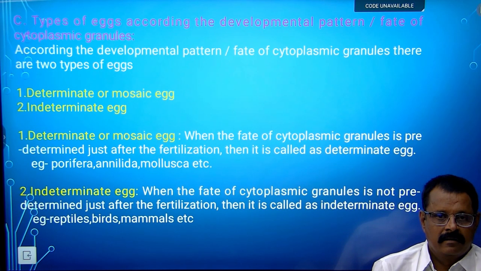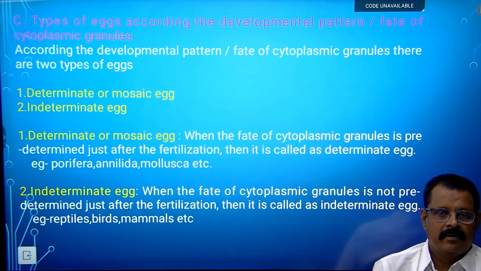Another type is types of eggs according to the developmental pattern, that is the fate of cytoplasmic granules. There are two types of eggs. First one is determinate egg and second one is indeterminate egg. Determinate egg is also called mosaic egg. When the fate of cytoplasmic granules is predetermined just after fertilization, it is called a determinate egg.